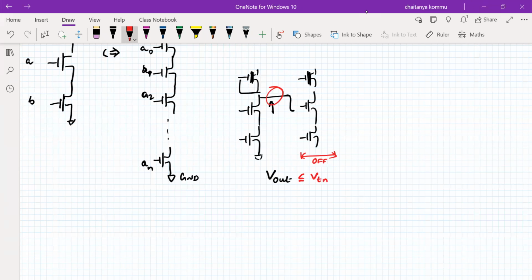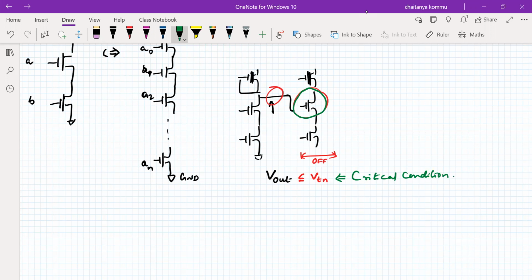If the output is below this transistor's threshold voltage, then this transistor becomes off. This condition is very important for us, and it is called the critical condition.